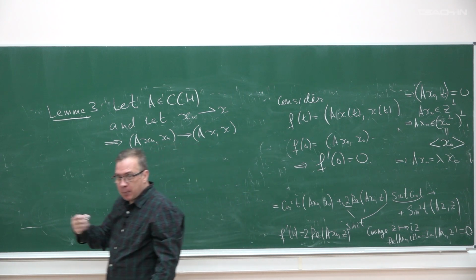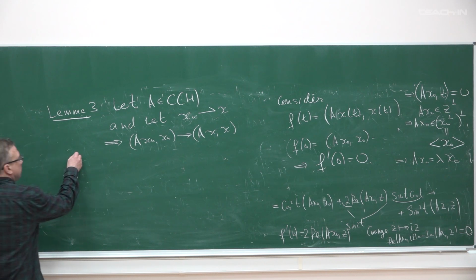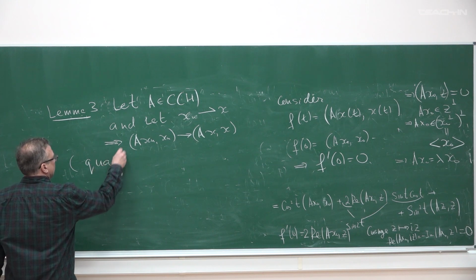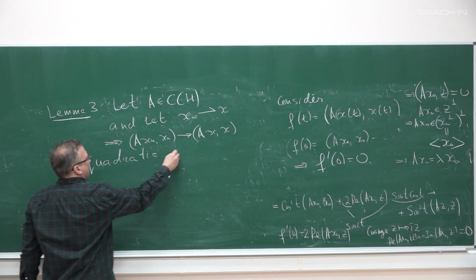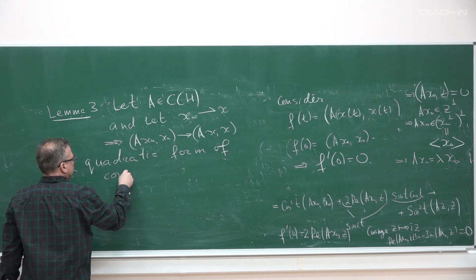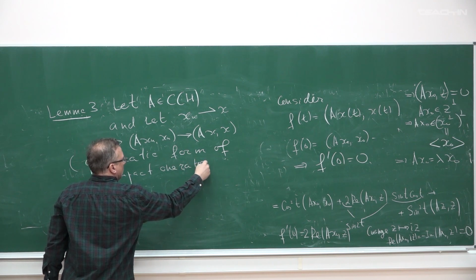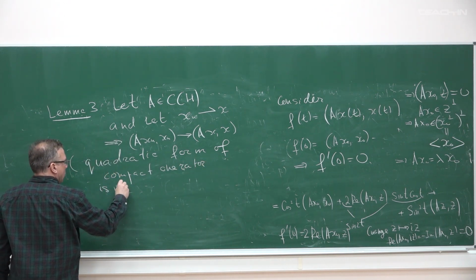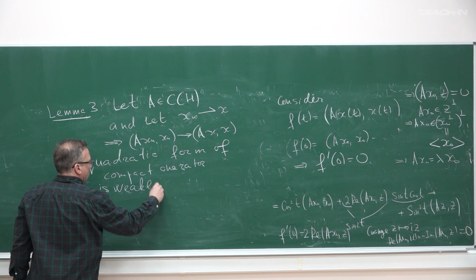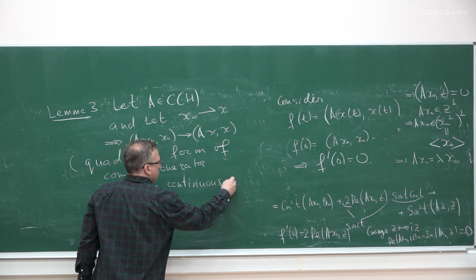So the quadratic form of a compact operator is a weakly continuous function. You can reformulate this lemma in this form.